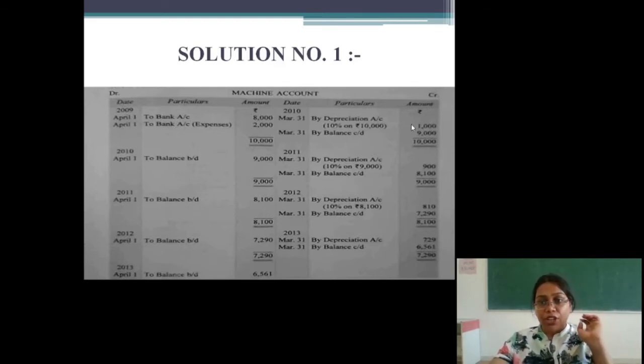So we have charged here 4 depreciations. Deducting 729 from 7,290 will give 6,561. This will be balance brought down for April 1st, 2013. Balance brought down will be 6,561. This is the written down value method question.